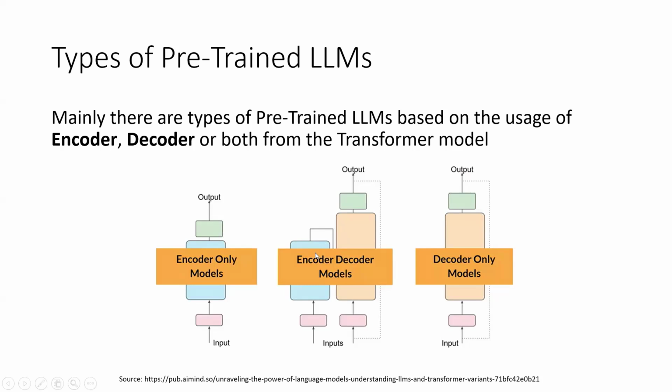But there are three types of models that you can train as your pre-trained model. If you are using both the encoder and decoder parts together, as in the full transformer, this is known as the encoder-decoder model. If you are using only the encoder part, it is known as an encoder-only model. And if you are using the decoder part, it is known as a decoder-only model. So first you have to decide what type of pre-trained model you are going to train.